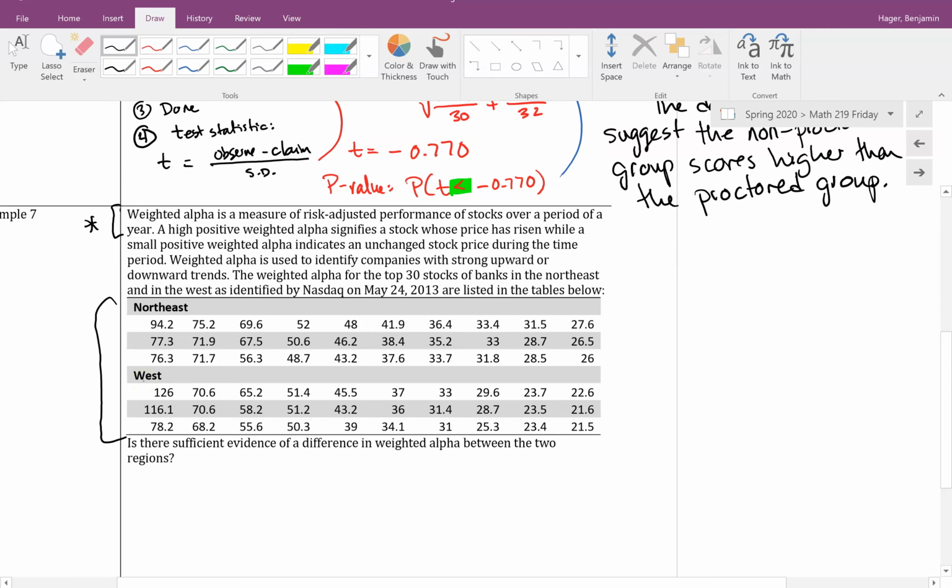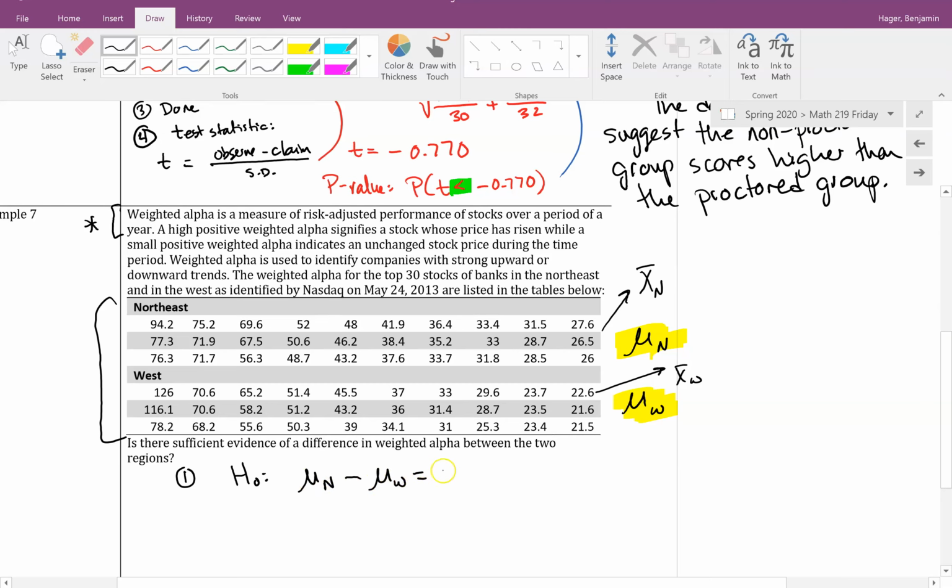So basically it's asking, from this data set there would be a mean of the northeast region and a mean of the west region. There would be sample means from here. That would be our point estimate, really. We would use those point estimates, but we want to see if there's a difference in the true mean values between those. My null would be that there is no difference between the average weighted alpha score in the northeast compared to the west.